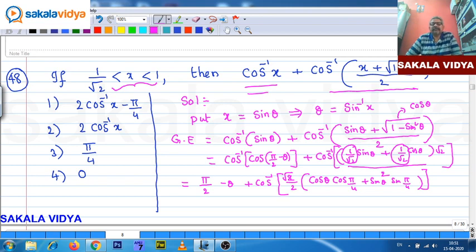Second step is x is equal to sine theta plus cos theta by 2, right. Okay, I will do later. I will explain later this question.